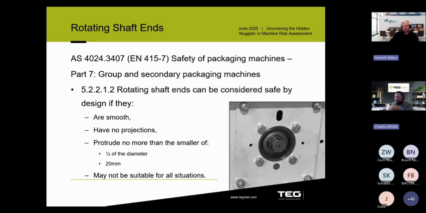But absolutely, you can say that you've done all practicable steps if you can extract a piece of information out of a standard and apply it straight to your application. And to be honest, looking at that photo, that could be a bearing anywhere. It wouldn't have to be on any particular device. It could be a conveyor as part of a packaging machine, which would fall under the scope of that standard.